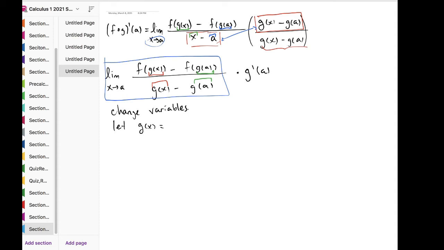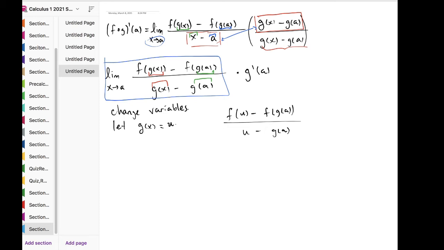So this is a new variable u. What do we get if we do that? This term in the limit, it's a substitution, becomes f of u minus f of g of a over u minus g of a.